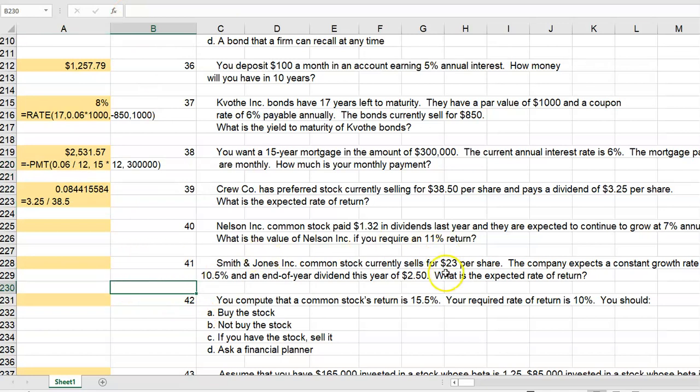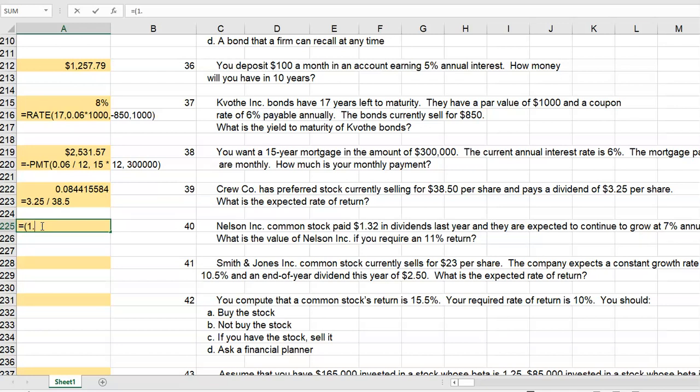All right, Nelson Common Stock pays $1.32 in dividends, expected to grow 7% annually. What if you require 11% return? That's just like one of those other ones we worked up there. Value is equal to the dividend next year.